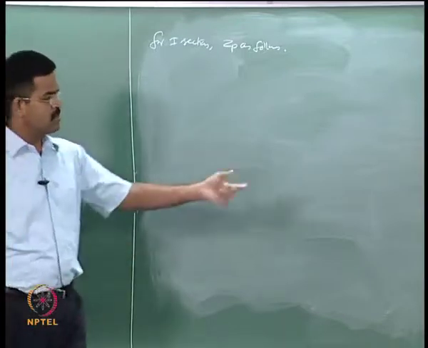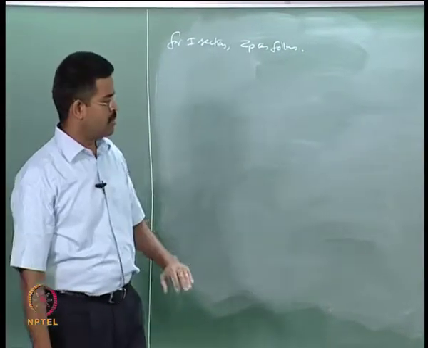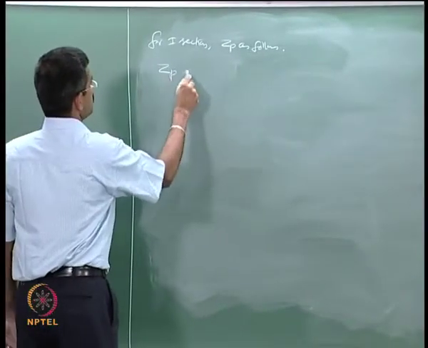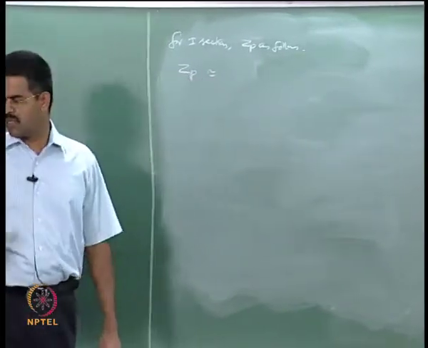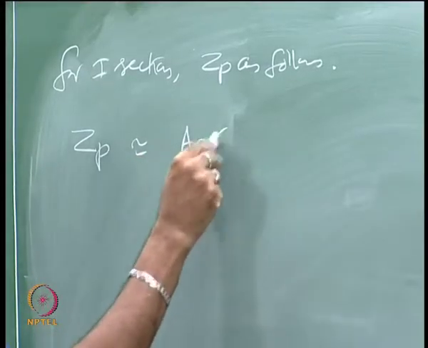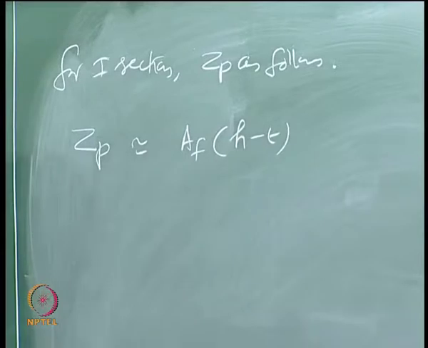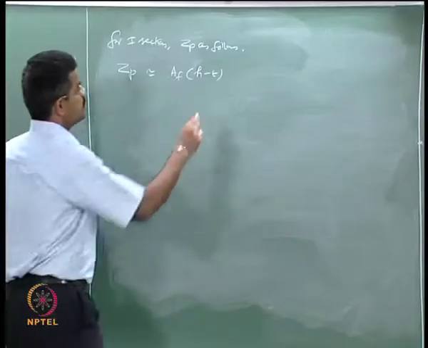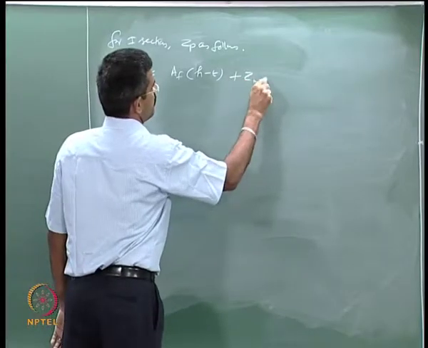That is the plastic section modulus of the complete section, ZP. So ZP is approximately equal to, because we are doing some adjustments, the area of the flange times H minus T, where H is the overall depth and T is the thickness of the flange alone, plus Z of the web.